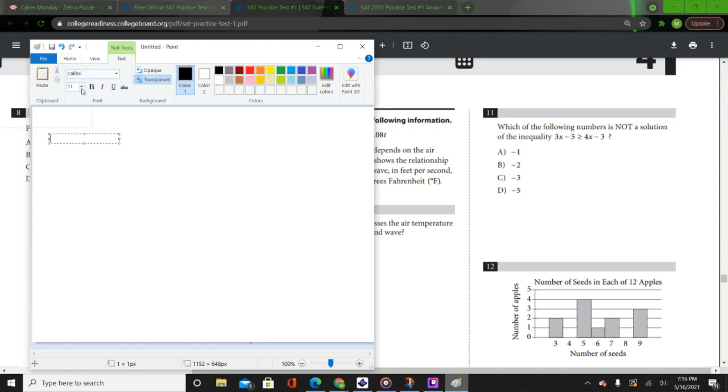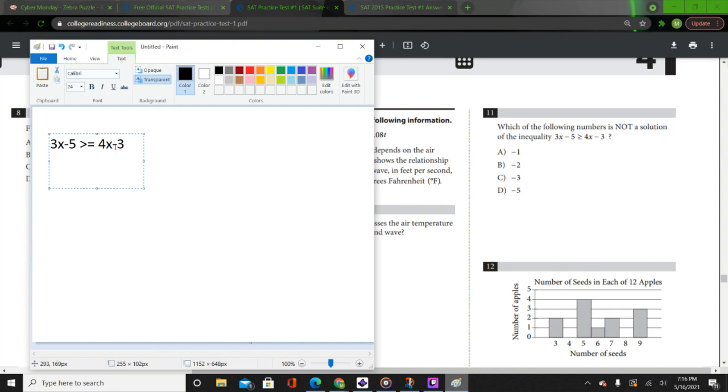So instead of 3x minus 5, let's just use greater than or equal to, as I don't have a greater than or equal to button on my keyboard, so apologies. 4x minus 3.